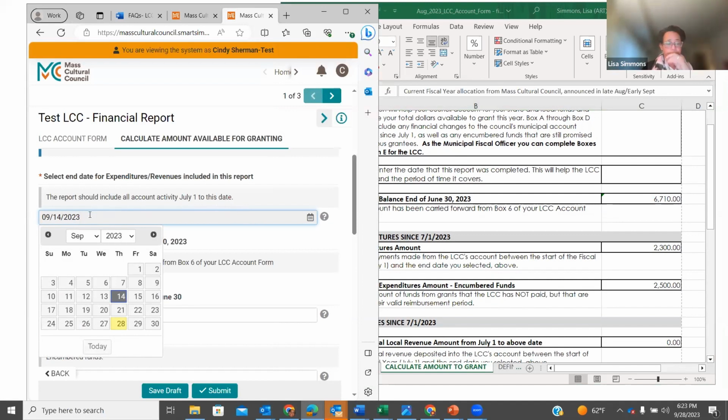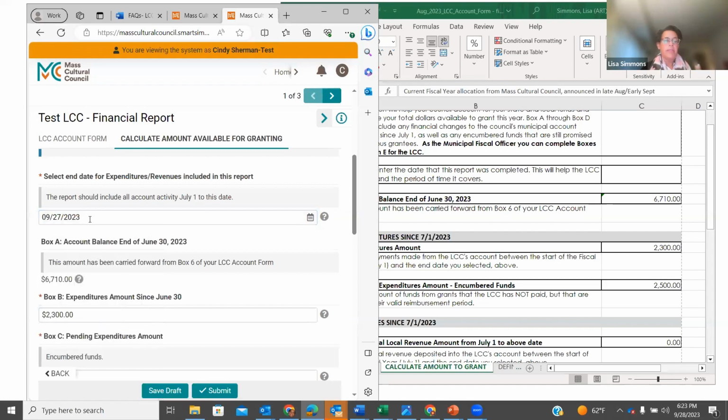So in this case, if you met with your municipal fiscal officer on the 27th, let's say yesterday, this is the date you're going to put in here, because this is the date that's going to tell me this is the amount of money that left the account from July 1 to September 27th. So we just need that period in FY24 of activity in the account.